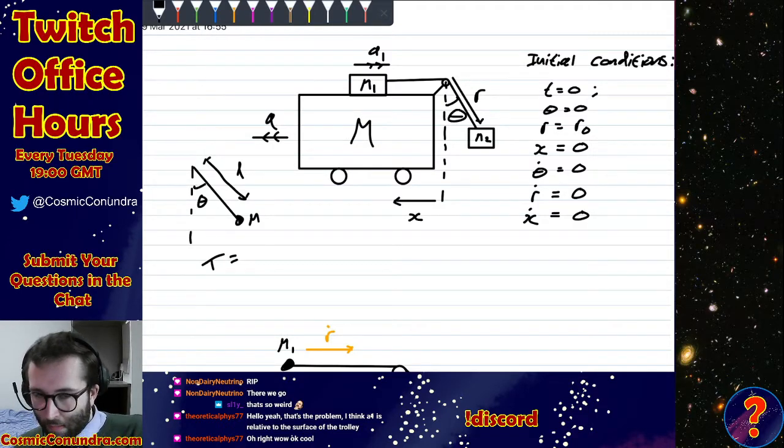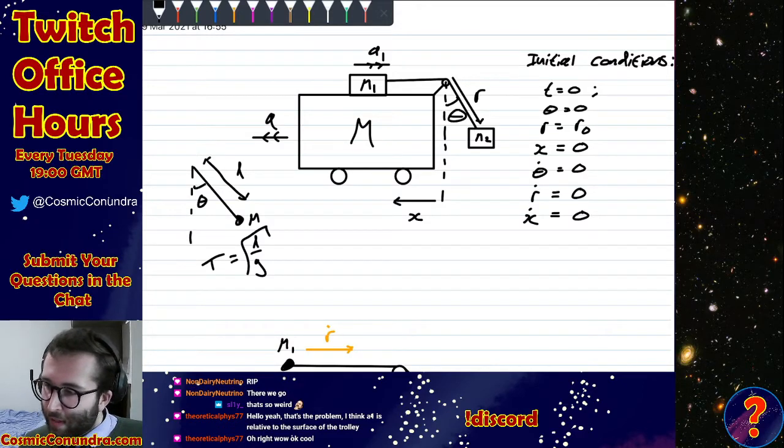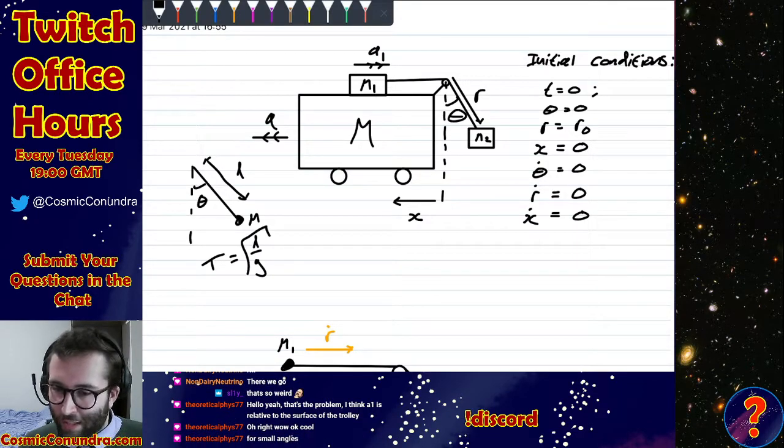What is it? Is it L over G or G over L? Well, it's got to be L over G by dimensional analysis. So this thing will have simple harmonic motion in this way, where G is the gravity. But this is only valid when theta is a small angle, so you have to apply the small angle approximation to this system. Yeah, exactly, for small angles.